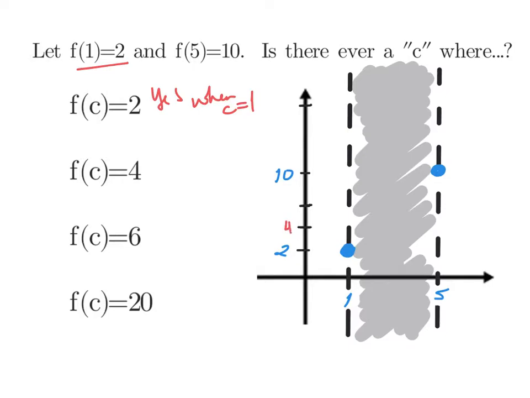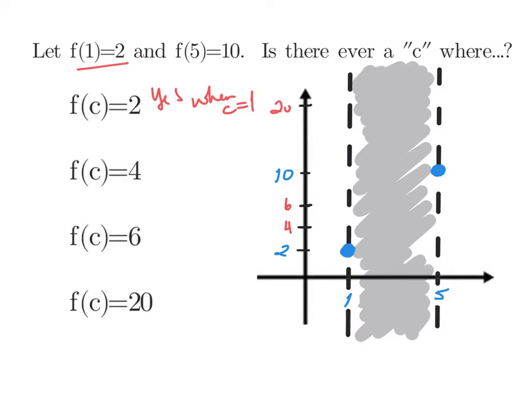Well, if here's 4, here's 6, and 20 is way up here, can we be certain that f of x is ever going to achieve any of those values? With what we know, we don't really know much. So the answer to all of these is maybe, don't know. Maybe the graph comes to this point 1, 2 from underneath.